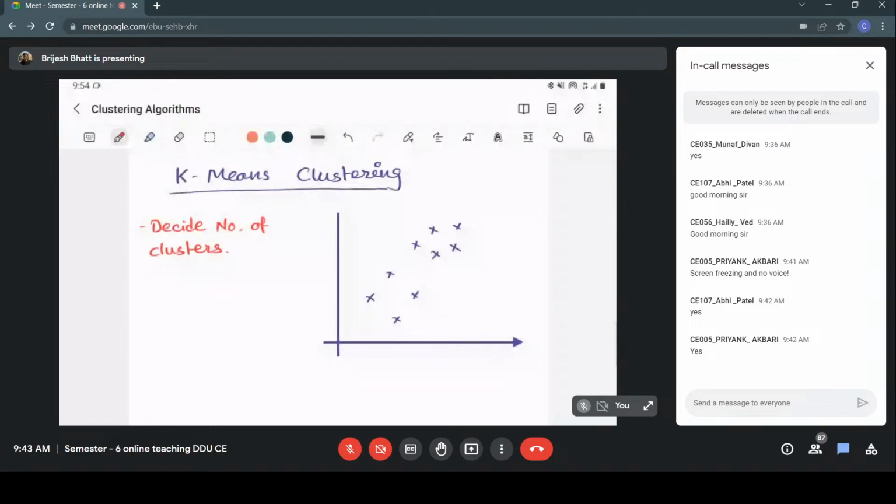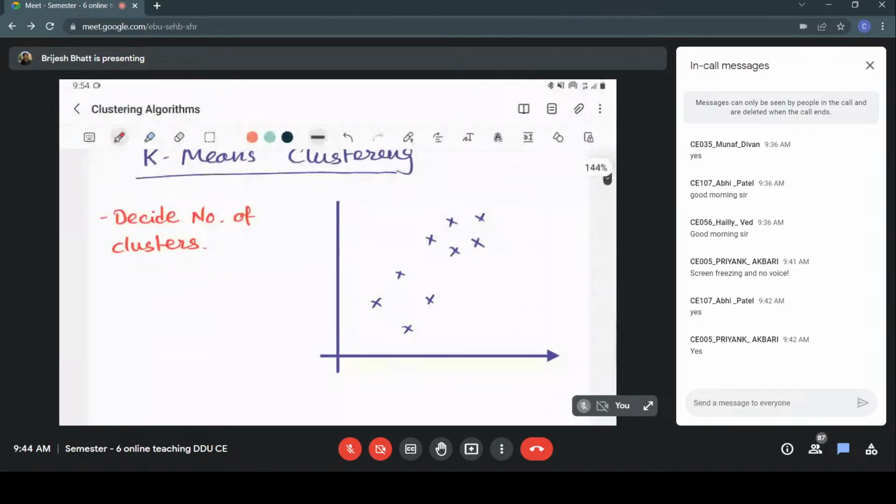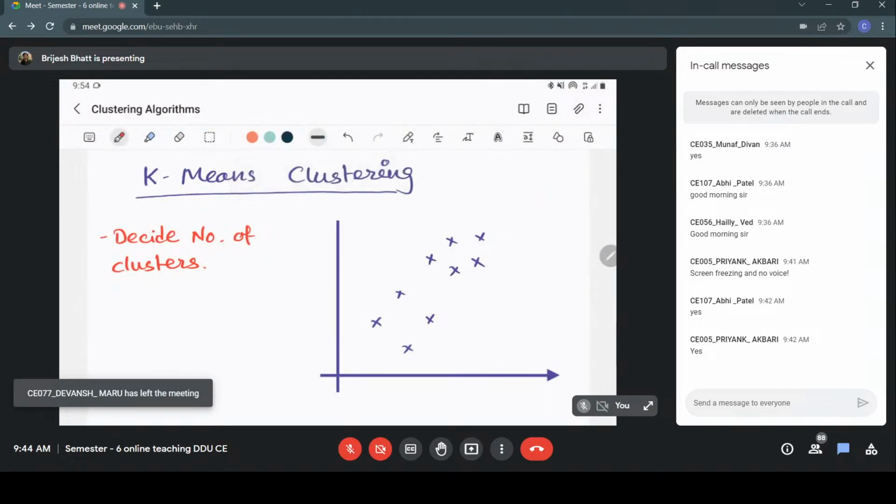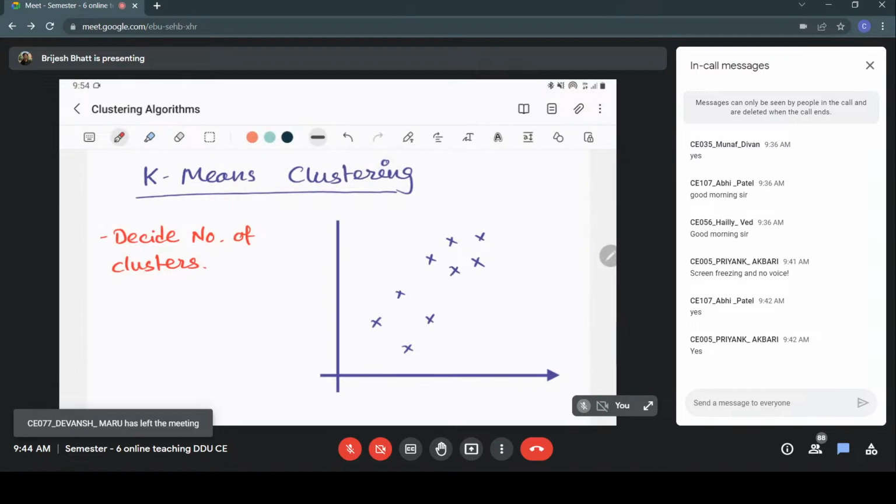This characteristic of the algorithm often becomes a limitation, because many times when we are working on real data, we do not know how many groups or partitions we want to create from this data. But the k-means clustering algorithm requires that we know the number of clusters in advance, and then we randomly select cluster heads from the data points. So, for example, as we discussed last time, we can choose 2 points, let's say C1 and C2, as initial cluster heads.